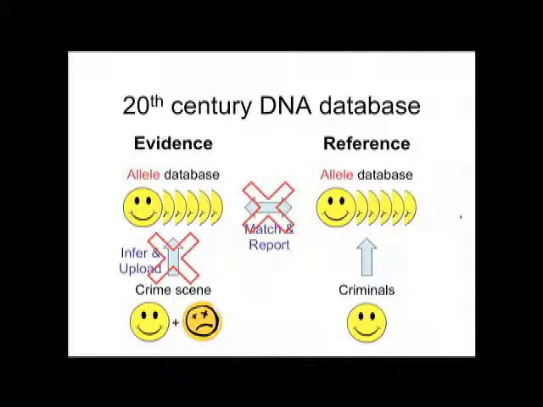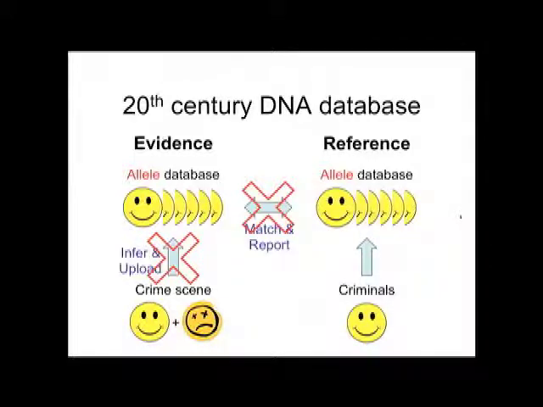On the right side, we see that reference samples from criminals, or convicted offenders, can be readily uploaded to an allele database where allele pairs or genotypes aren't used, but lists of alleles are. And that works perfectly well for comparing references against references, like in immigration.